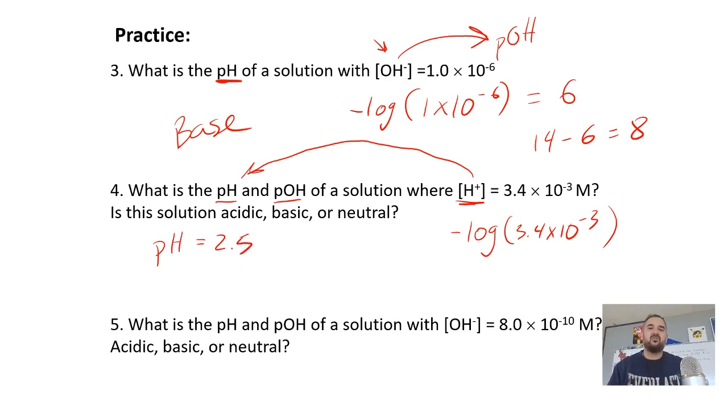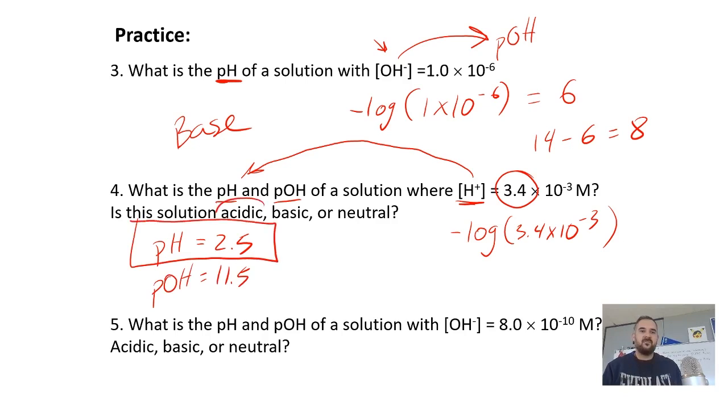They give us two significant figures, which means our answer should have two significant figures. 2.5 is good. So if our pH is 2.5, what is our pOH? 11.5. Is this an acid or a base? Are you sure? All right, this one's an acid. You should be looking at the pH. The pH tells you if it's an acid or a base.